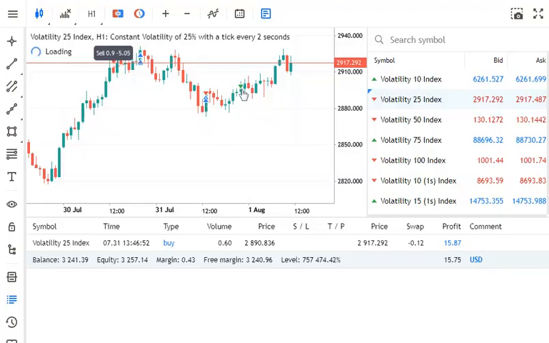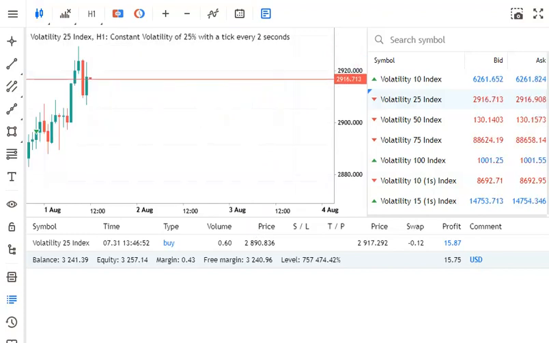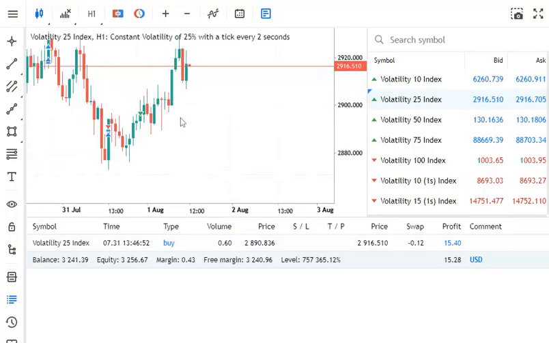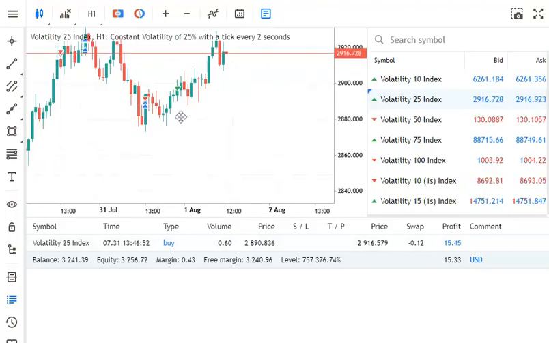One of the trades hit our take profit at this point, and this is the second trade that is still running, and you can see this is the smallest of the lot sizes in the Volatility 25 Index. This is the minimum lot size required in trading this particular asset.